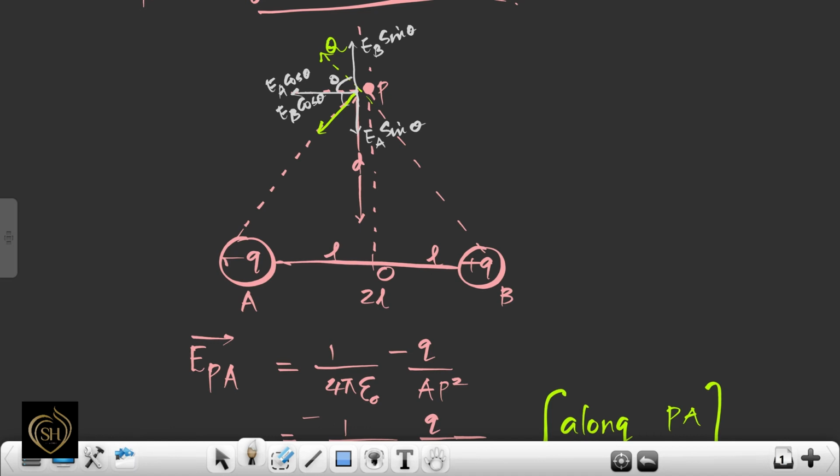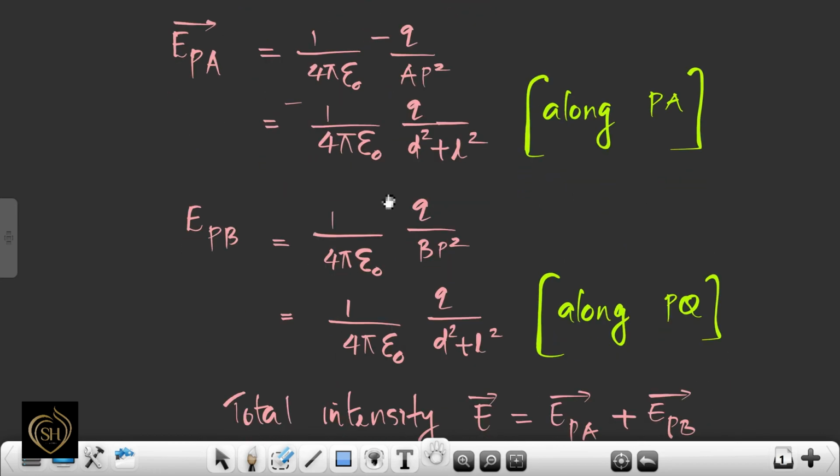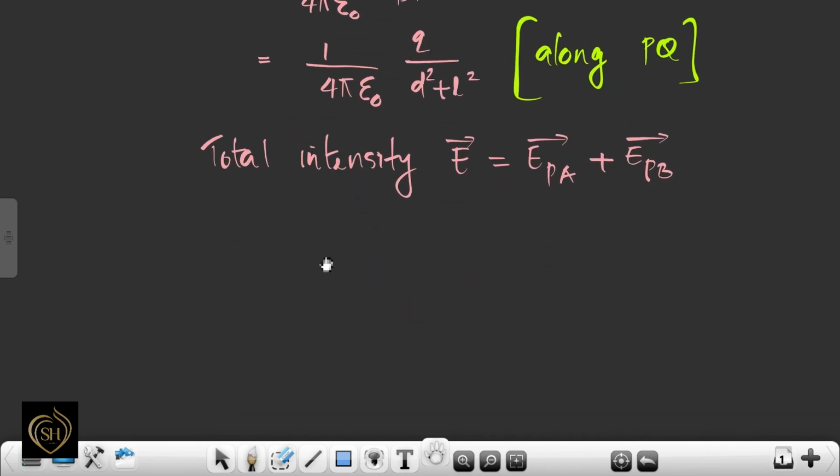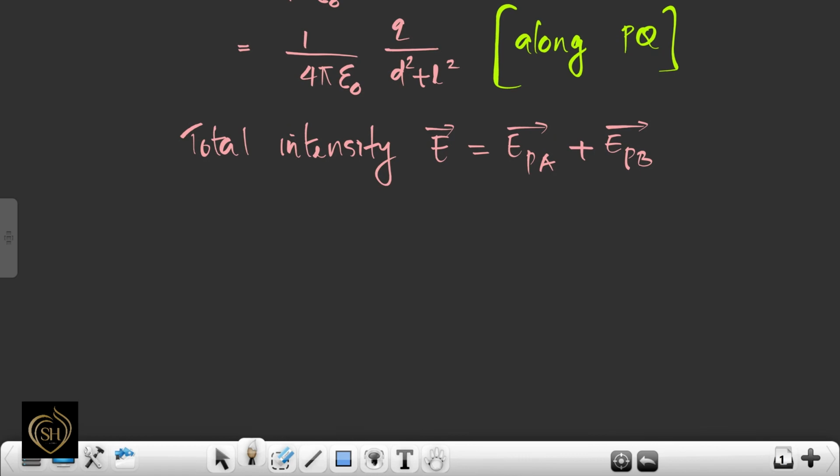So by the figure itself, we know that EPA and EPB have the same magnitude, and EPA sin theta and EPB sin theta will cancel each other. So the remaining are EPA cos theta and EPB cos theta.